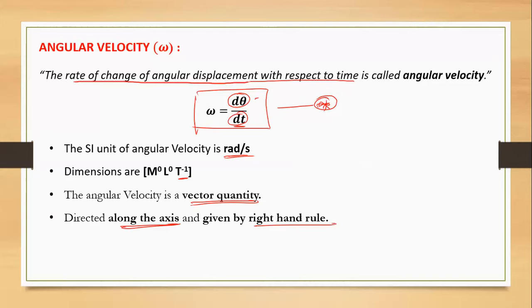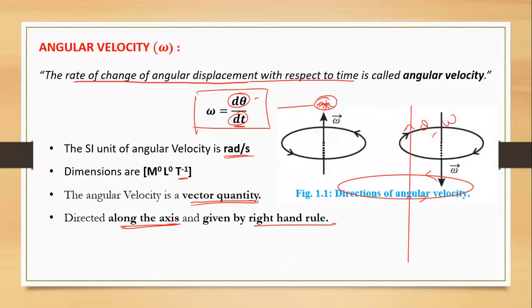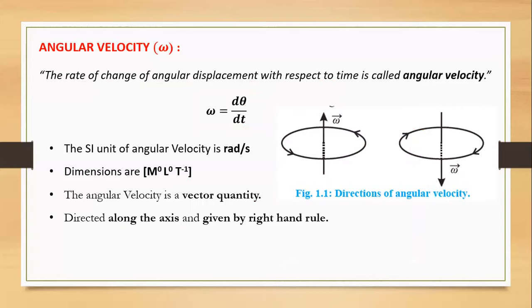If the motion is anti-clockwise, then theta and omega are directed upward by the right hand rule. If it is clockwise, then it is directed down along the axis. You can see this in a diagram also. Anti-clockwise is upward, clockwise downward.